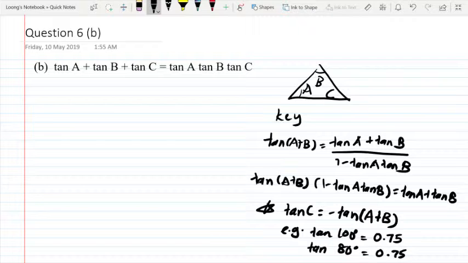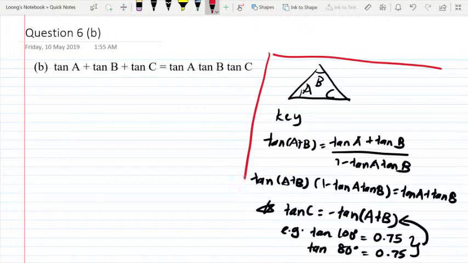So this theory has been used here, and we draw something not to let us be confused. So let's move on and let us start from the left hand side.